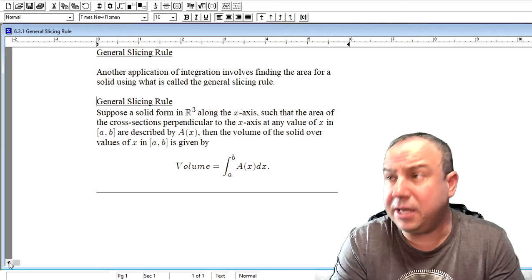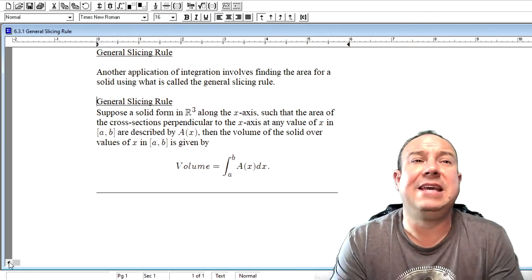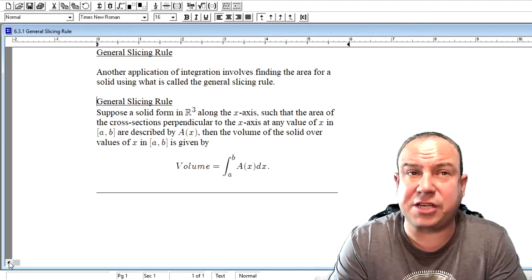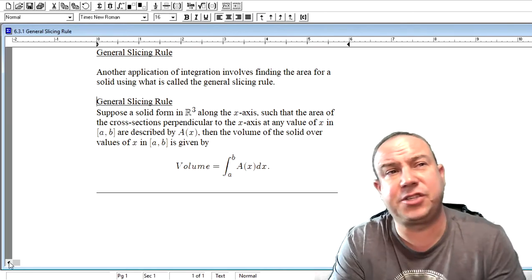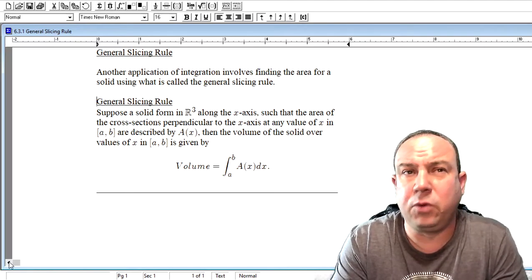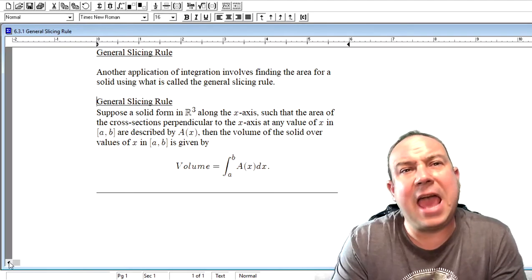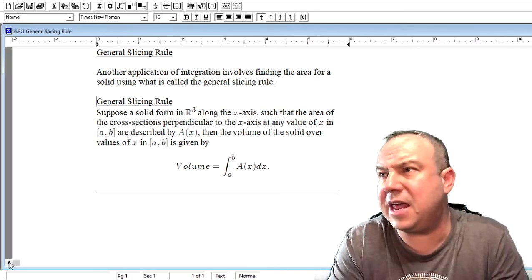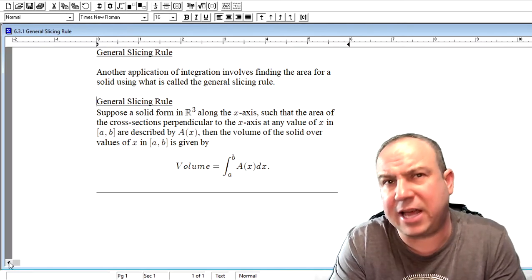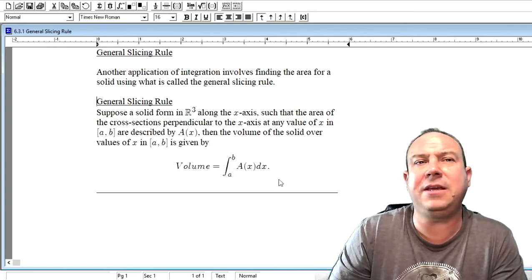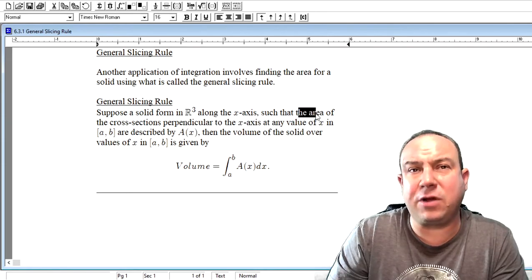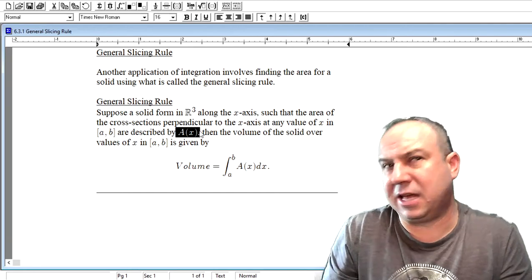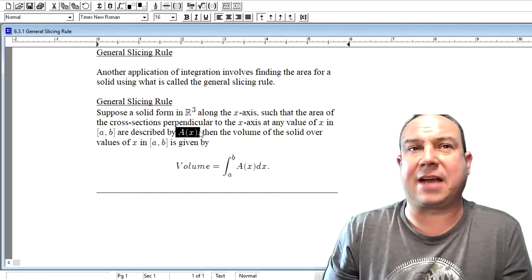What has to be unique to the setup, though, is that we look at the cross-sections perpendicular to the axis along which the solid is forming, which in our rule we consider to be the x-axis. At any value of the variable along that x-axis in some closed interval, in our case for x in the interval from a to b, we have the area of that cross-section described by the function big A of x.